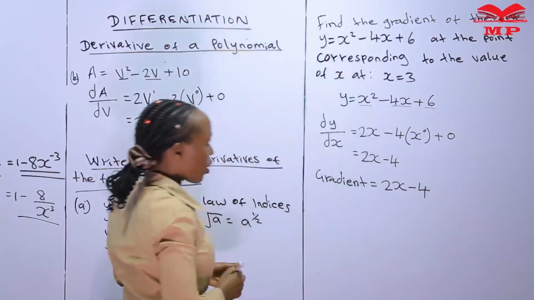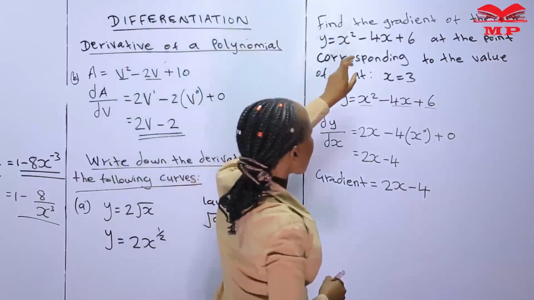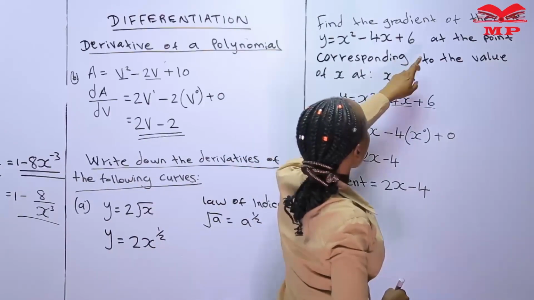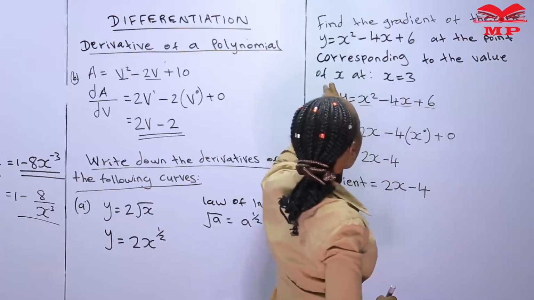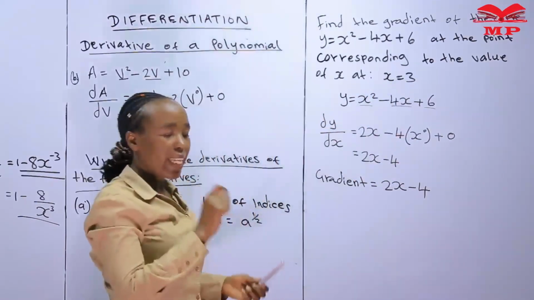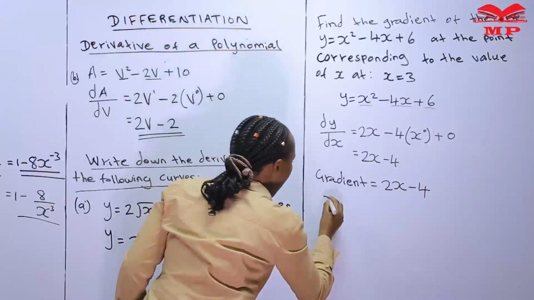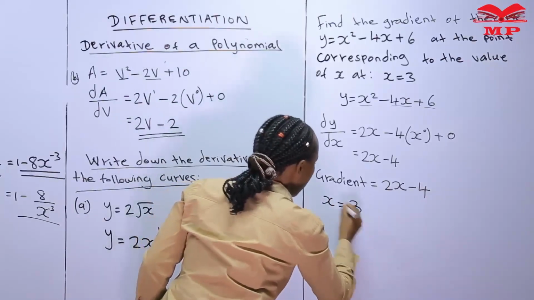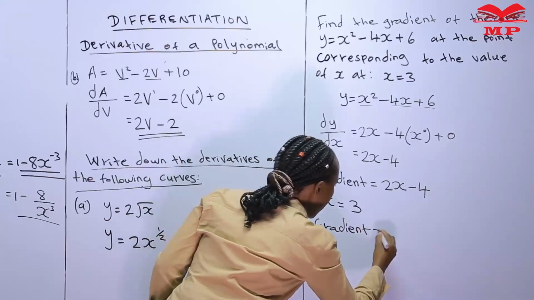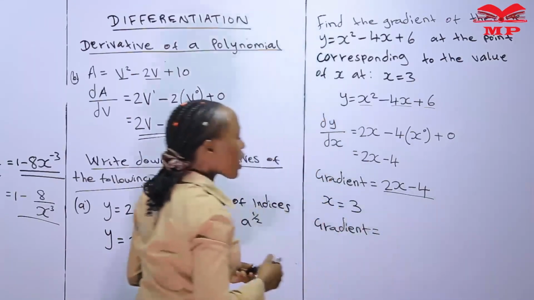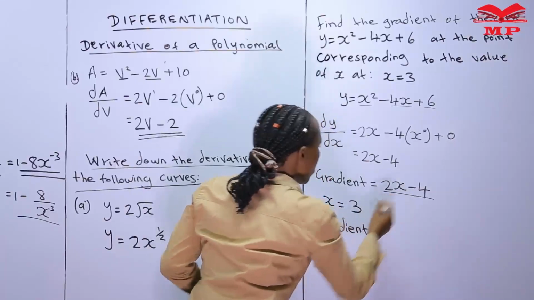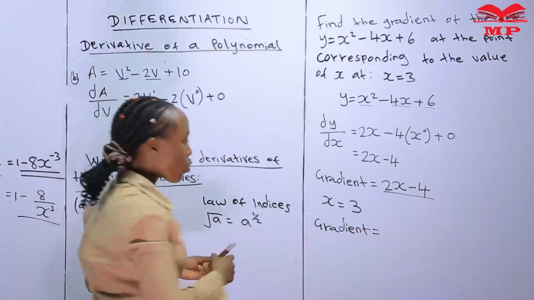That is the equation. But then we are told now to find the gradient of the curve at the point corresponding to the value of x at x is equal to 3. So here it is at a certain point where x is equal to 3. And therefore our gradient will be equal to, this is the equation for the gradient, but we have point x, which is 3. So where we have x, we substitute with 3.